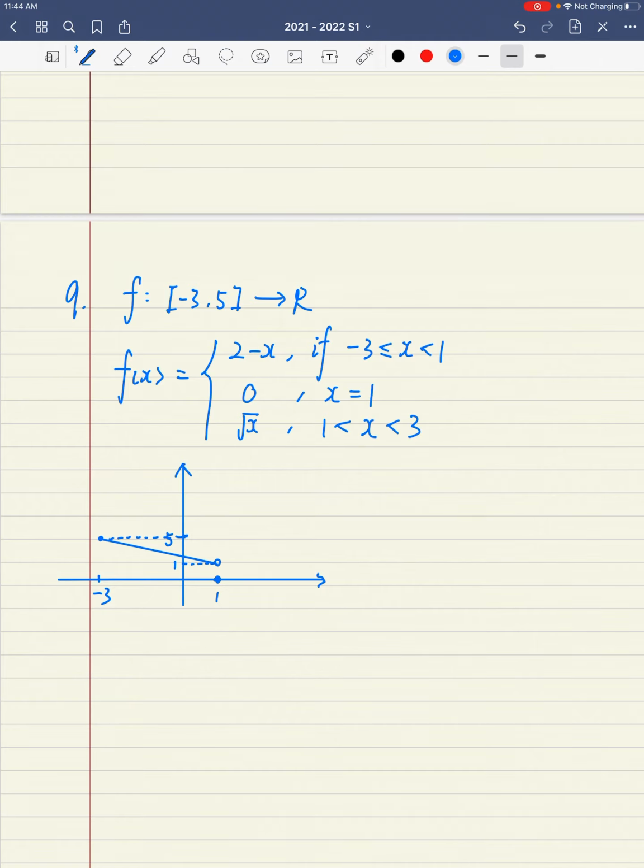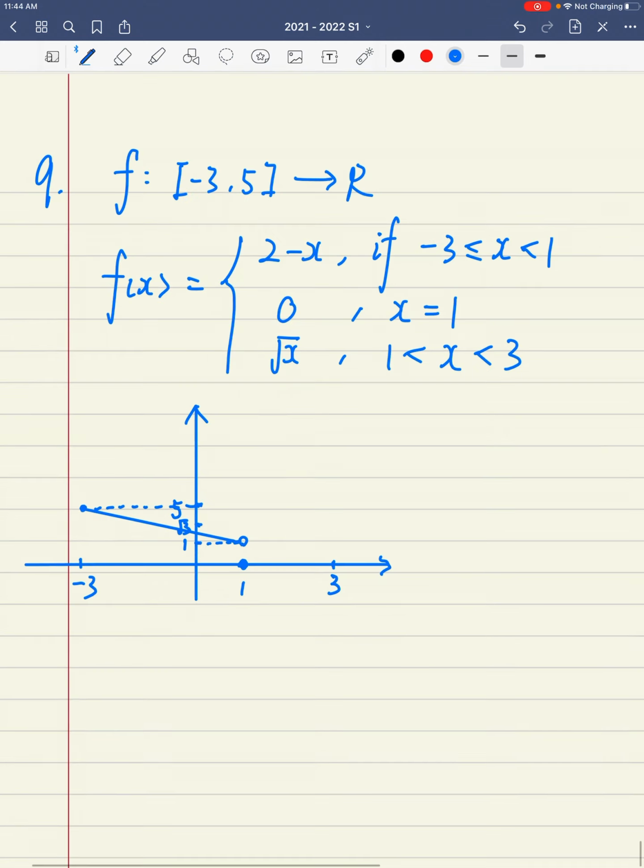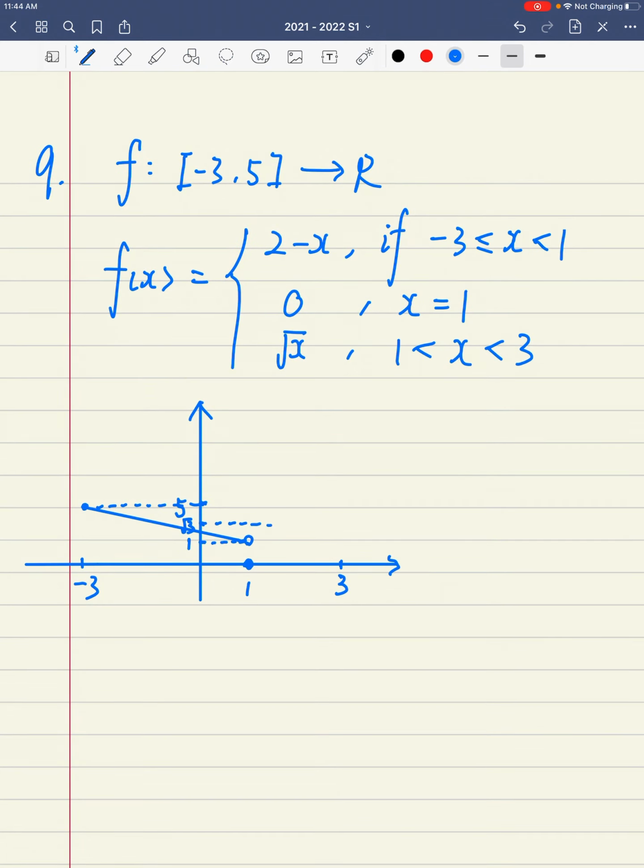So when x is 3, it's square root of 3. Again, the scale is not very accurate. When x is equal to 3, it's not part of the graph.